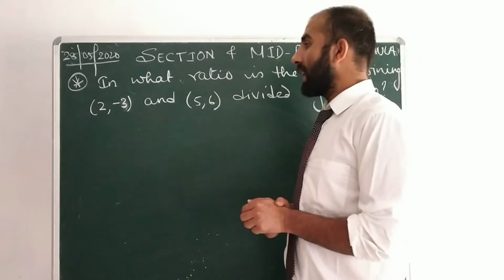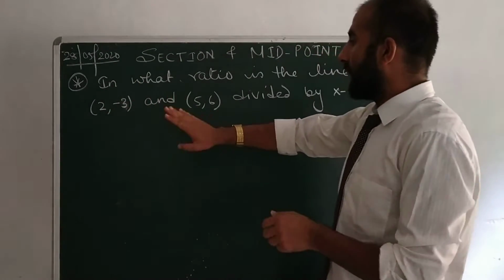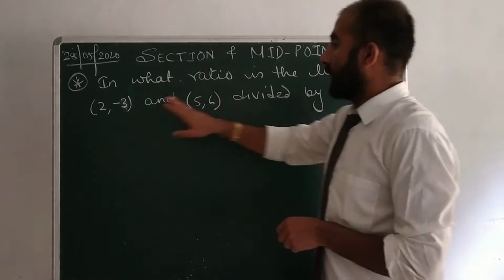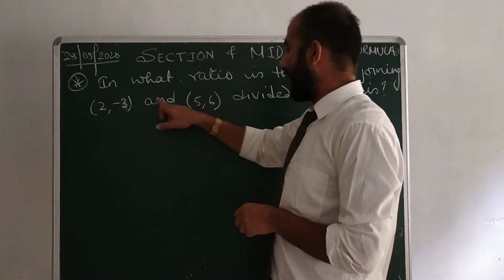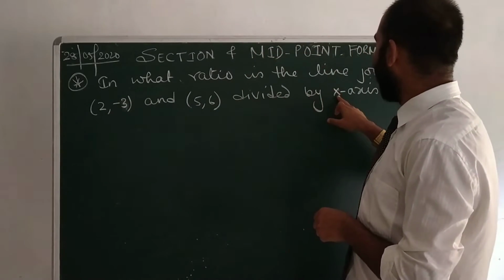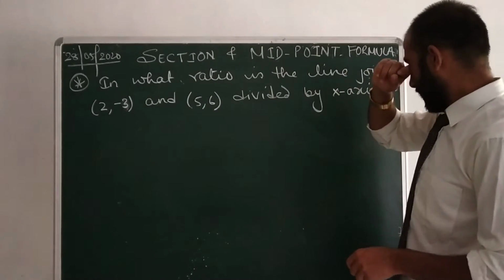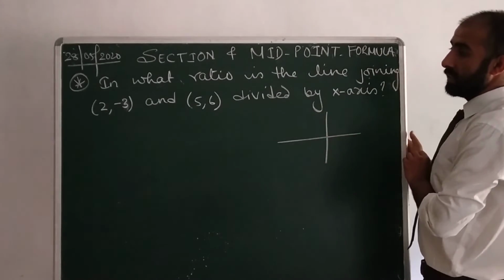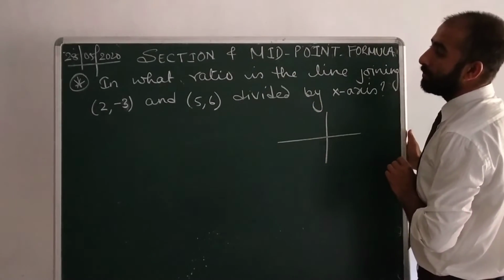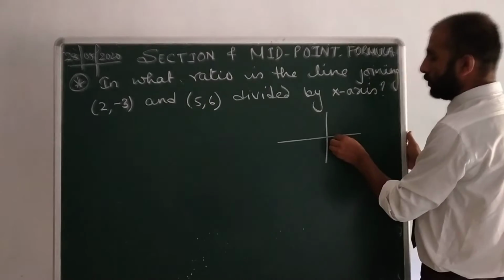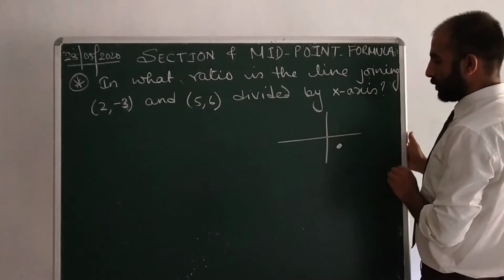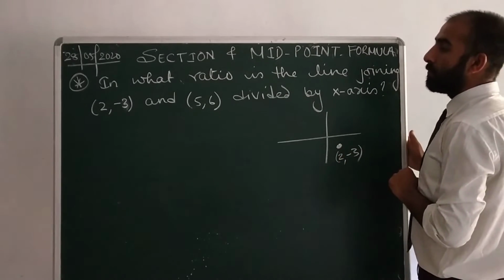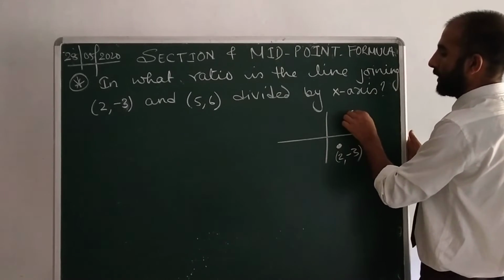Okay, let's start with the second question. In what ratio is the line joining the points (2, -3) and (5, 6) divided by the x-axis? Let me give you a simple diagram to explain it. Suppose you have a coordinate axis, with the point (2, -3) somewhere here, and another point (5, 6) somewhere here.